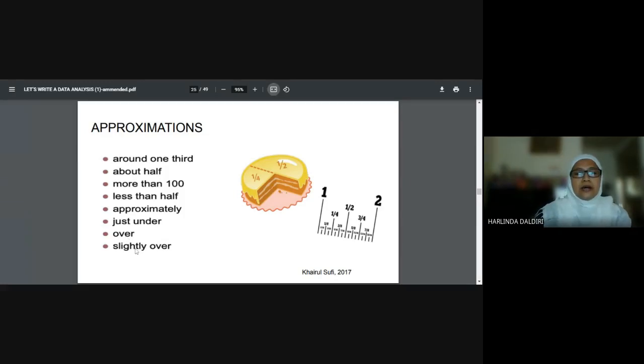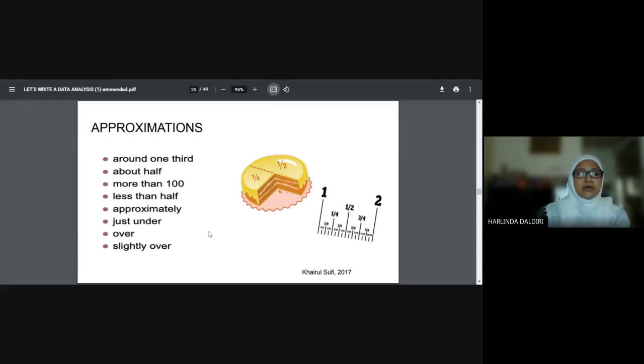Over here, this is the same as more. Slightly over or just over or approximately over, they are all the same. So what you need to know is under means below, over means above or more.